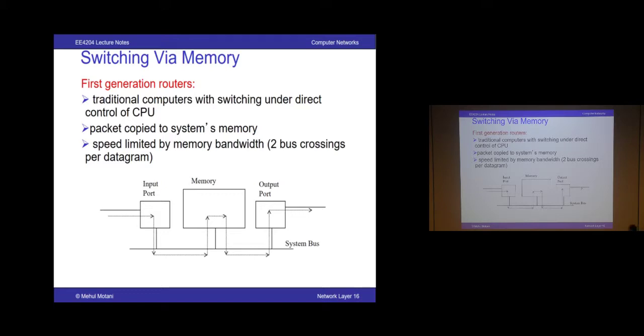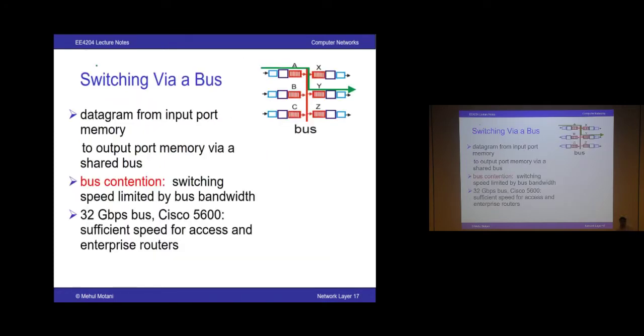The second generation of routers use switching via bus. When you switch via bus, you essentially have a shared medium. It's just like Ethernet. Just like Ethernet, if 2 hosts transmit at the same time, you get a collision. Here, you don't get collisions because everything is coordinated.